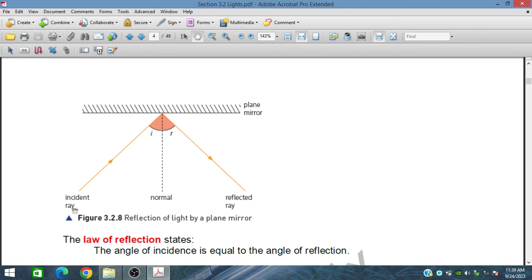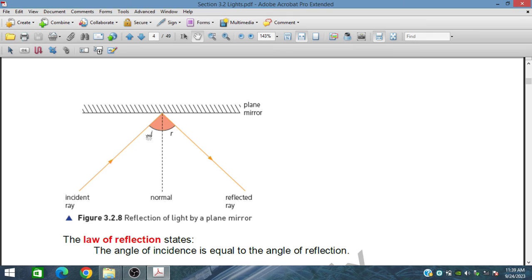So here we see this is the incident ray which is acting on this plane mirror. This surface is polished. When the ray arrives at this point, this is the normal, which is at 90 degrees, or a right angle, to the surface. This incident ray will be reflected.